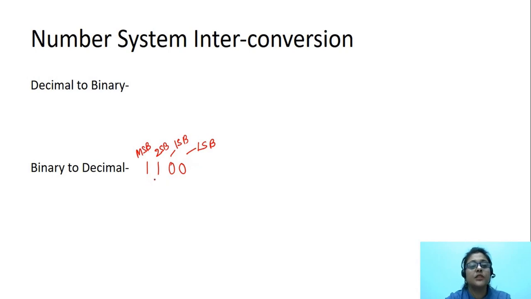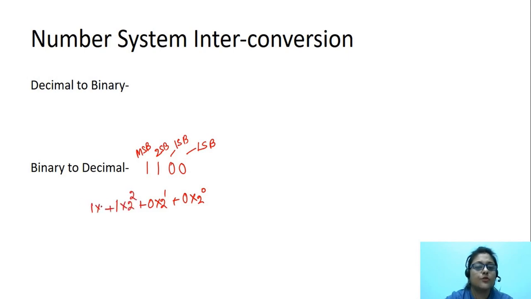In order to convert this binary number to a decimal number, you need to multiply each part of the number by powers of 2. So this will be power of 0. So it will be 0 into 2 to the power 0. This will again be 0 into 2 to the power 1. Then 1 into 2 to the power 2.